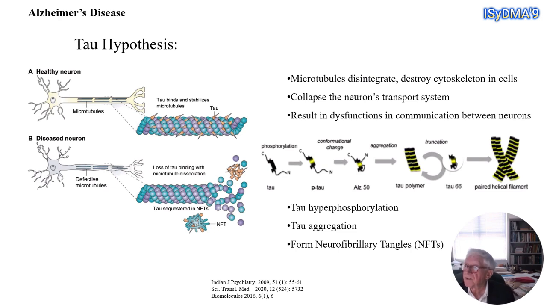That means we have a dissociation of the protein, and that there will be a change in the conformation, mainly due to phosphorylation, followed by aggregation, and we have formation of aggregates on the neuron.